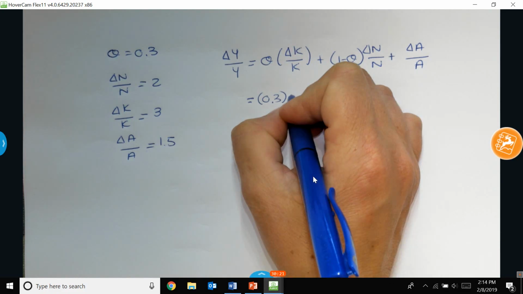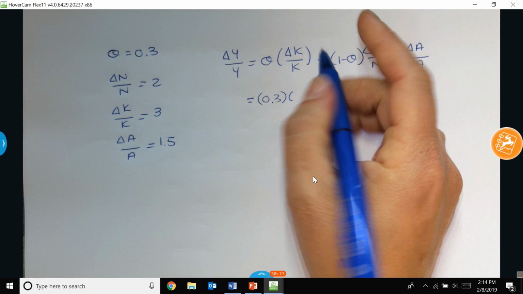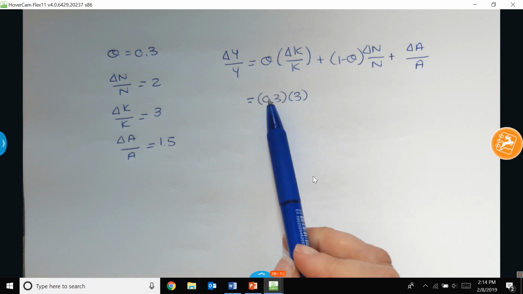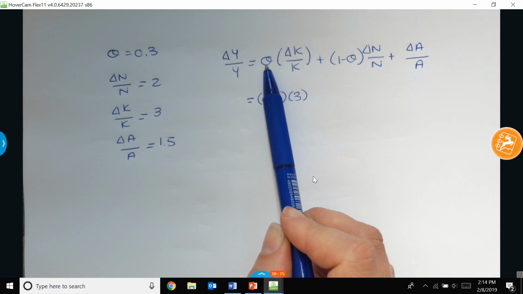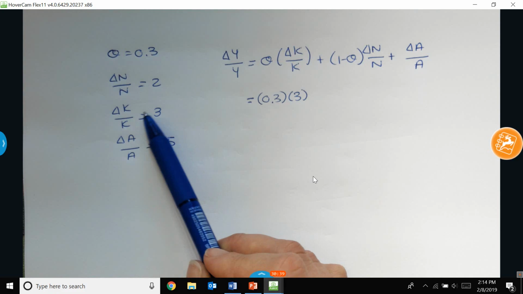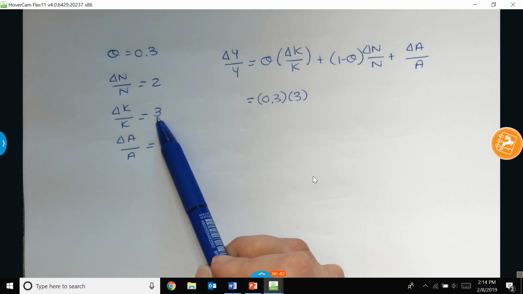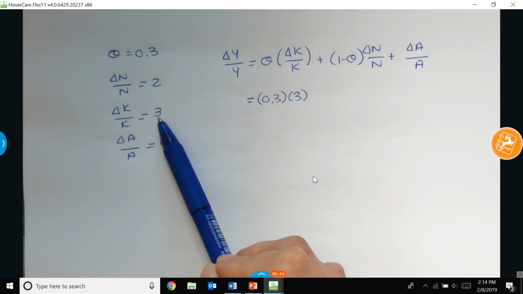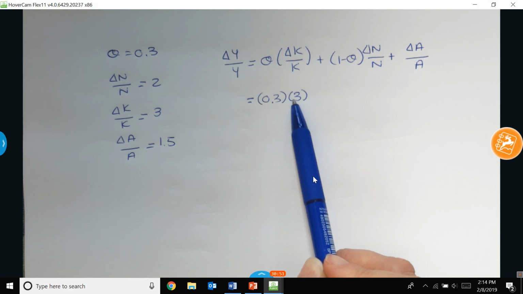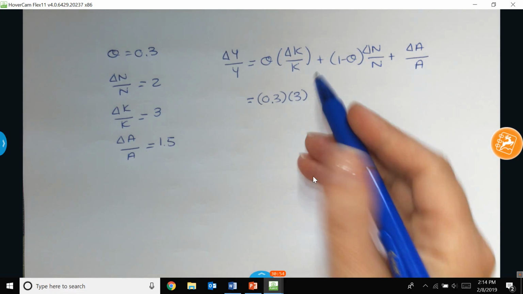Okay? And the growth rate in capital stock was 3%. So we can put 3 in there. Note that you don't have to convert these into 0.3 for percentages. So here, 0.3 is the share of capital stock in total output growth, but we were told that the capital growth rate was 3%. So I don't now go 3 divided by 100 to get 0.03 and put that in here. I can just use the whole number, which is 3.